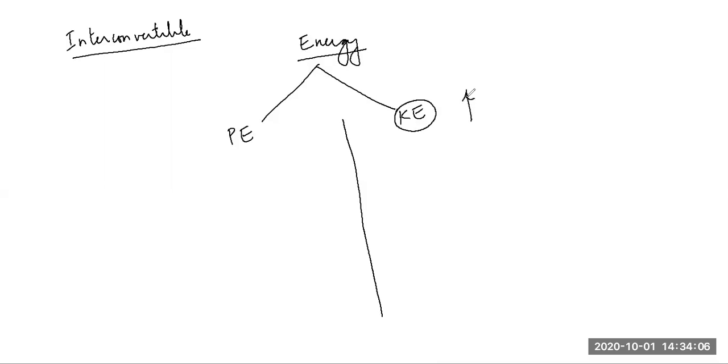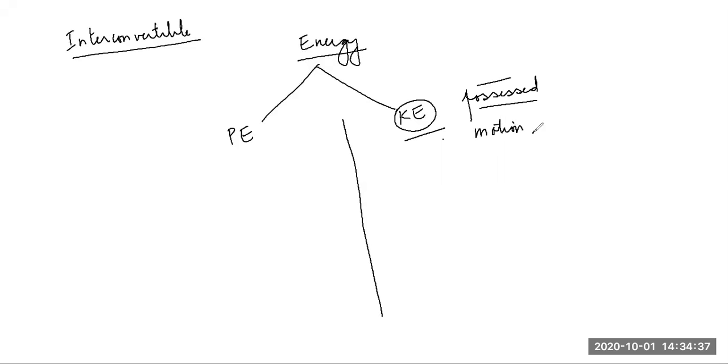Possessed means, like we say, the girl possesses a very good, intelligent brain. That boy possesses the quality of playing very good football. Possess, hona, kisi cheez ka hona. Kinetic energy is possessed by a body because of its, any student? Motion.